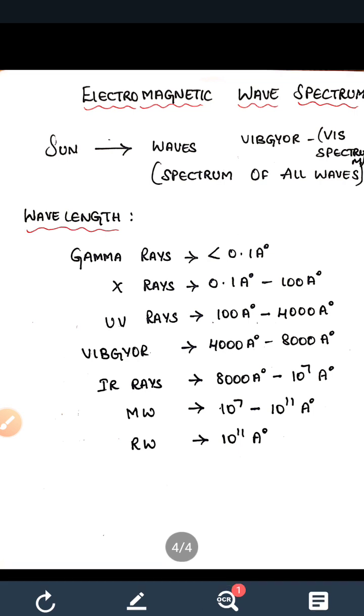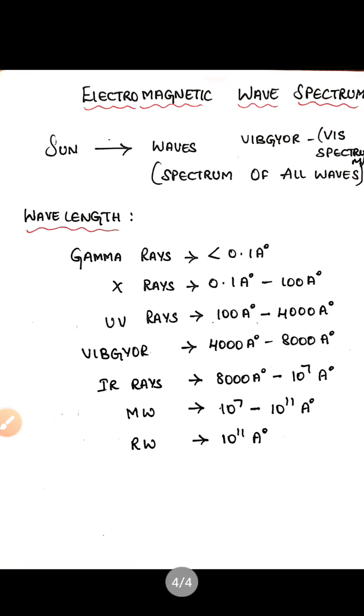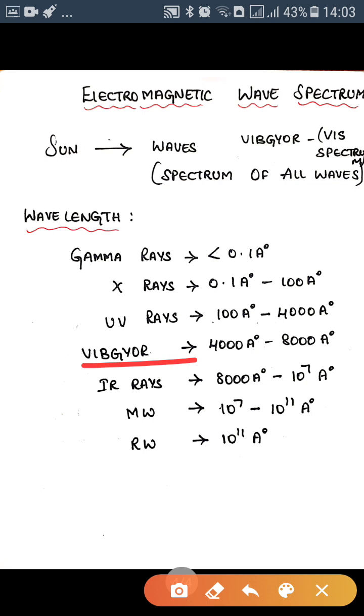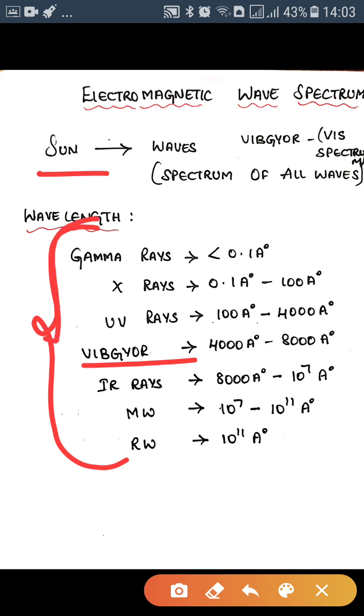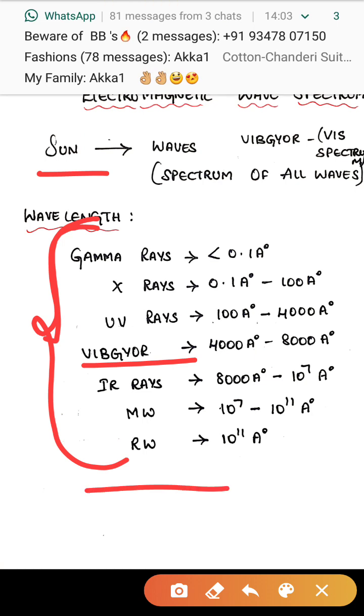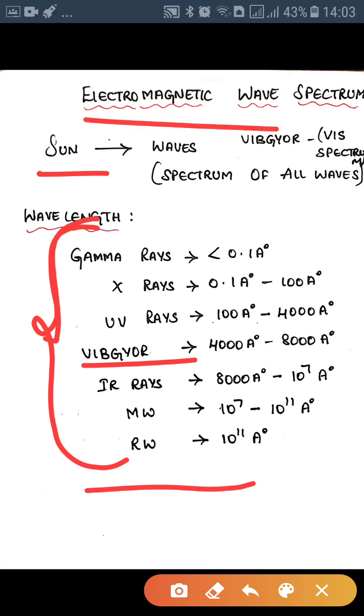In the same way, along with the VIBGYOR, there are so many waves that are coming from sun. The spectrum of all the waves together is known as electromagnetic wave spectrum.